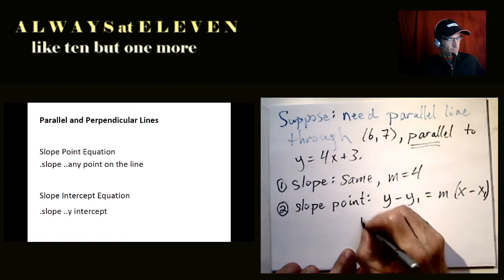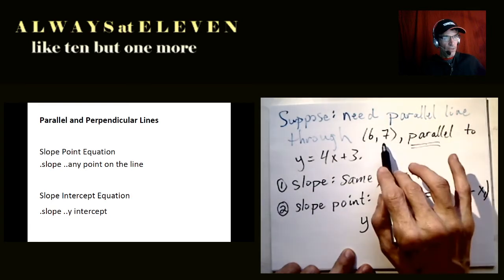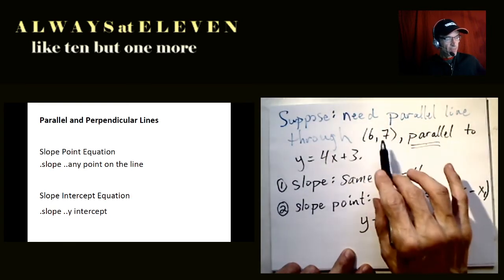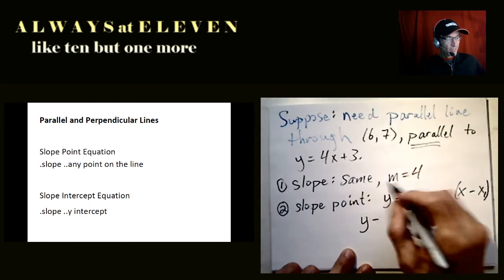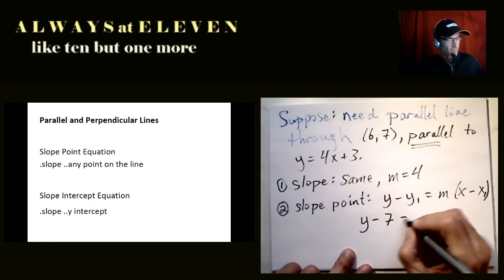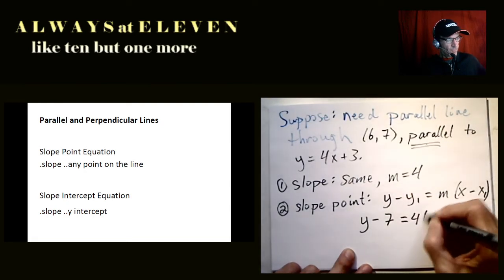So for y1, that is going to be the y-coordinate of a point on this line that we have, which is this one right here. So the y-coordinate's 7. The slope we just worked on, that's 4.